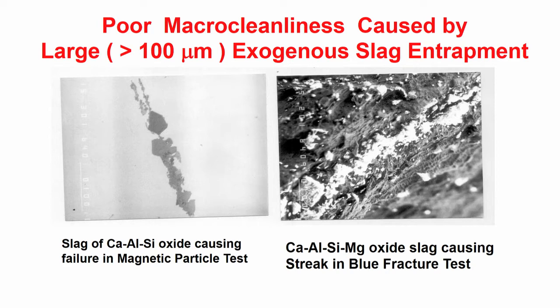So, this has been revealed through magnetic particle test, and it has been traced to entrainment of slag of calcium aluminum silicon. That means, it might have got entrapped during the secondary refining stage.